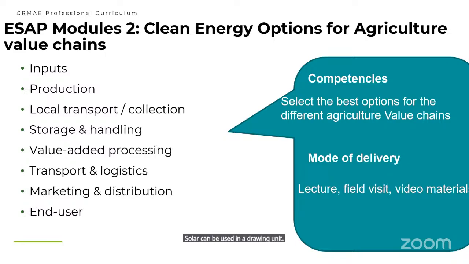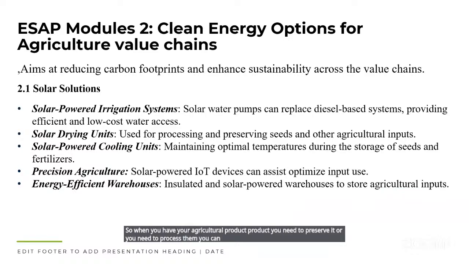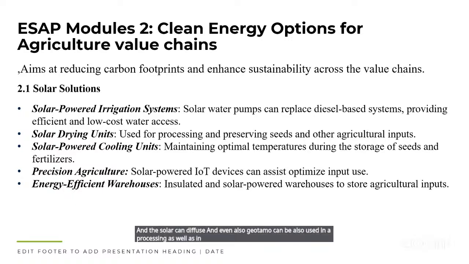Solar can be used in drying units. So when you have your agricultural product, you need to preserve them, or you need to process them, you can process them or preserve them by drying them. And the solar can be used. And even geothermal can also be used in processing as well as in preserving when it comes to drying.